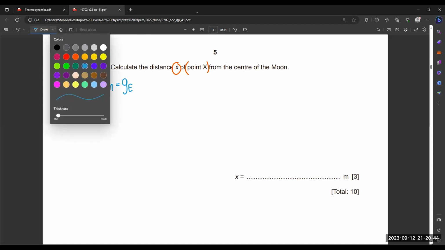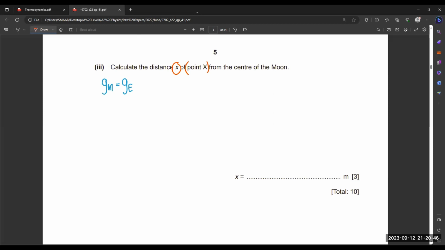And if we write the formula for both the gravitational terms, there are two m's, that's why I write moon and earth, so you will not get confused, because both have different meanings.